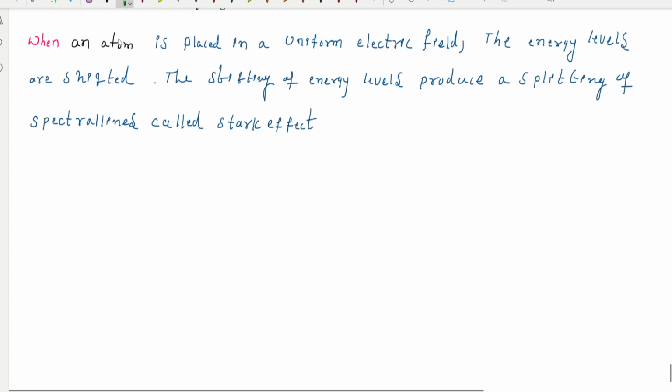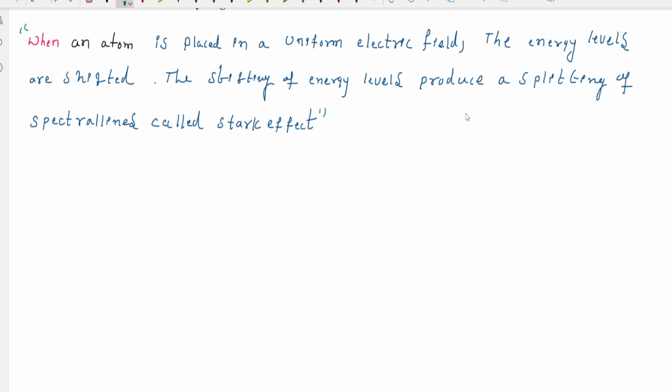So if you read these sentences carefully, when an atom is placed in a uniform electric field, the energy levels of atoms are shifted. Okay, so the shifting of energy levels produces splitting of spectral lines.